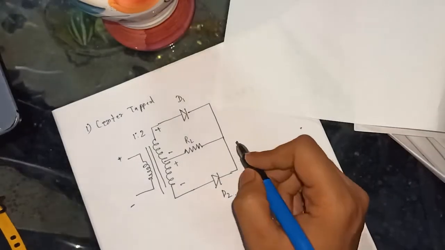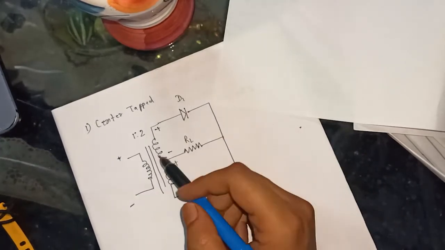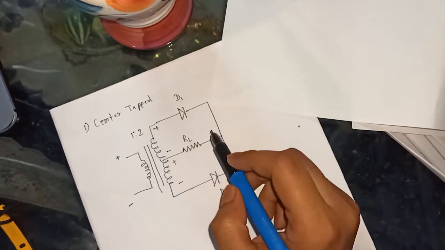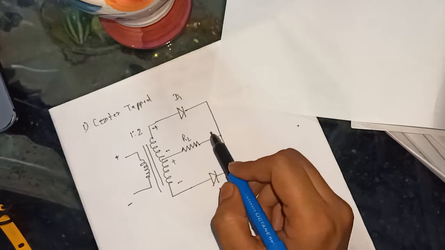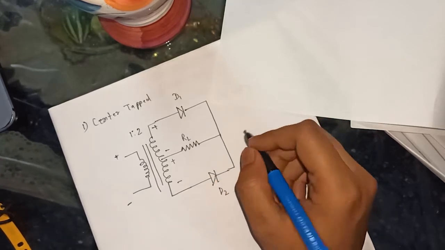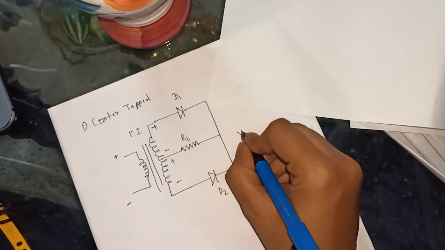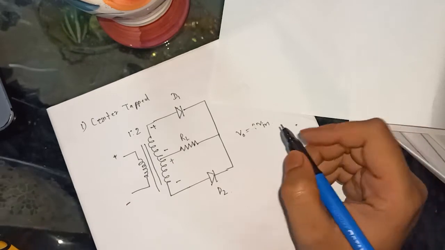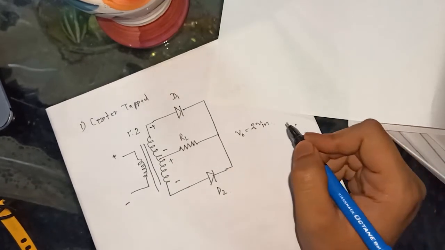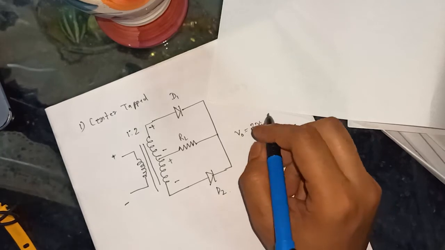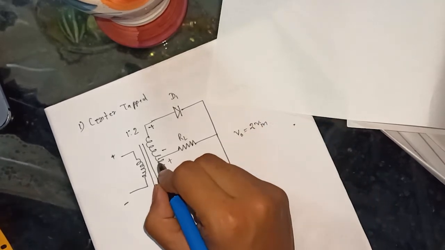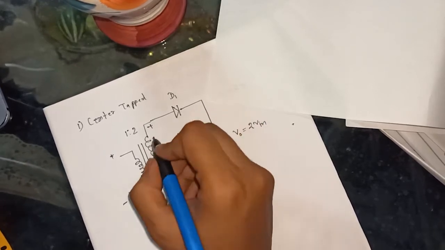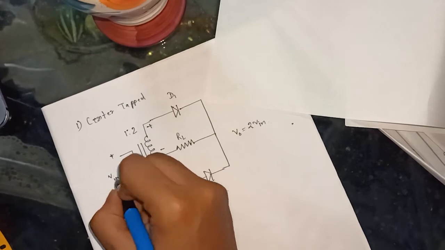So let's talk about the center tap circuit. Here you can see the coil ratio between primary and secondary is 1:2. If we consider the RL load, the maximum voltage V out is equal to twice the input voltage V in. So we can assume if we divide the secondary coil into two equal parts, then V in voltage is applied here.